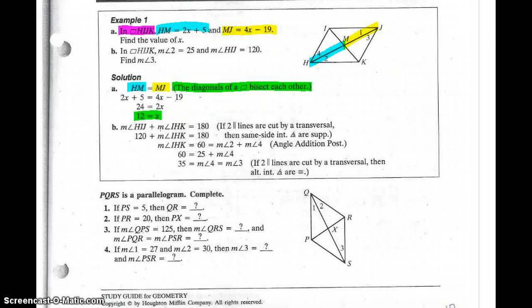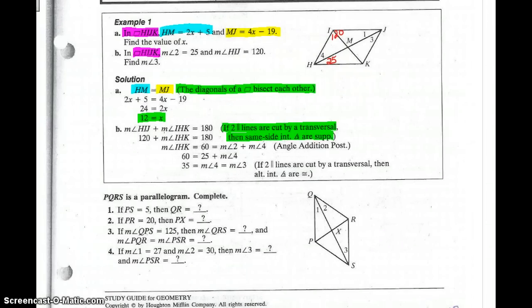Now in letter B, it's a little more difficult to see. But again, we are told that HIJK is a parallelogram. We are told the measure of angle 2 is equal to 25. And we are told that the measure of HIJ is equal to 120, excuse me. So now, the property that we should use in order to help us solve this problem is the fact that if two parallel lines are cut by a transversal, then the same side interiors are supplementary.